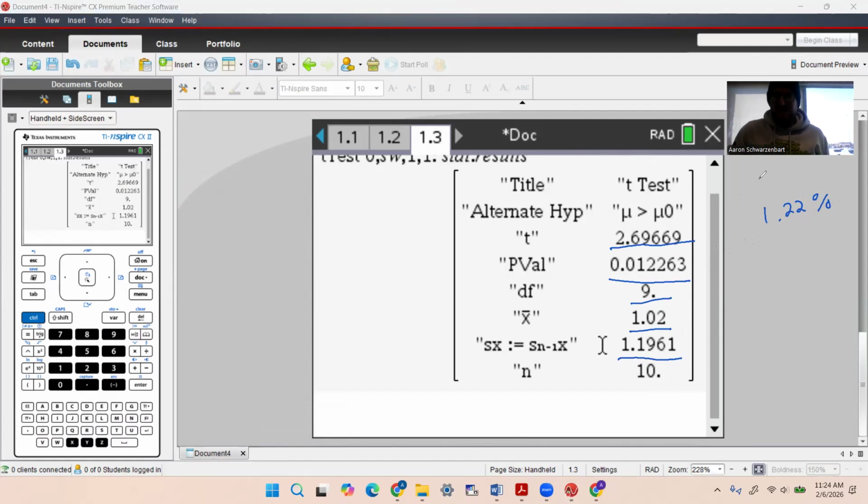Make sure to, you can give it in terms of reject H naught, conclude HA, but then you must put it in the context of the problem as well. Putting it in the context of the problem, really important.